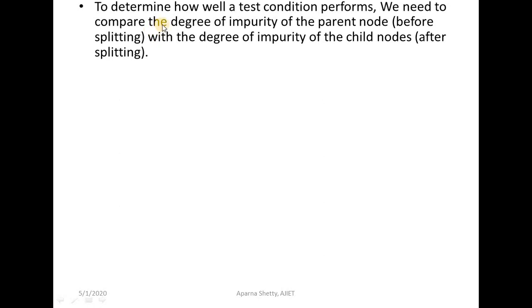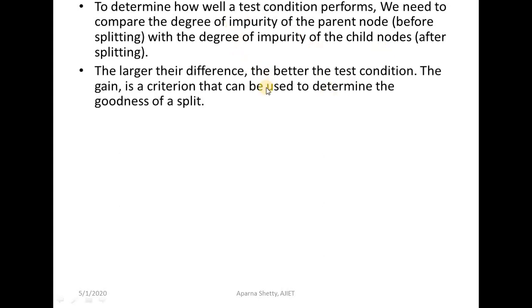Next, to determine how well a test condition performs, we need to compare the degree of impurity of the parent node, that is before splitting, with the degree of impurity of the child node, that is after splitting. The larger their difference, the better the test condition is.